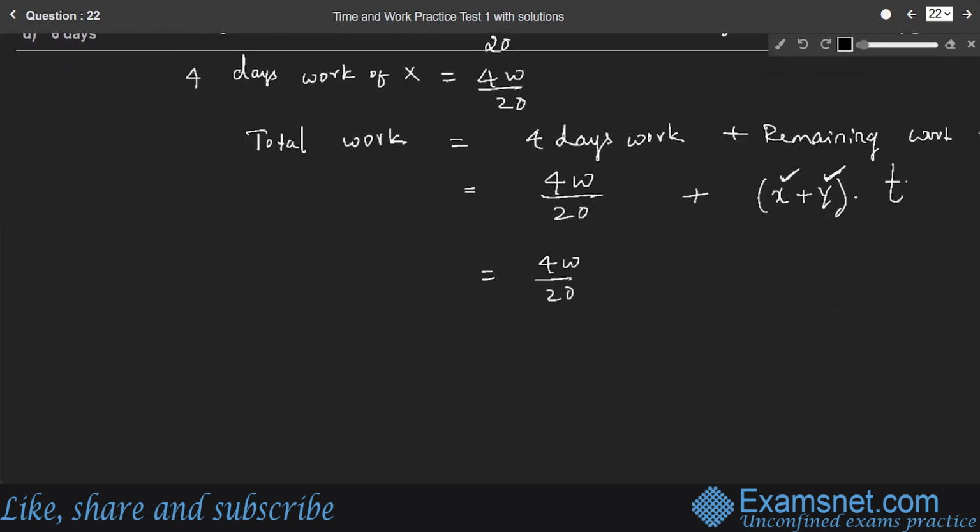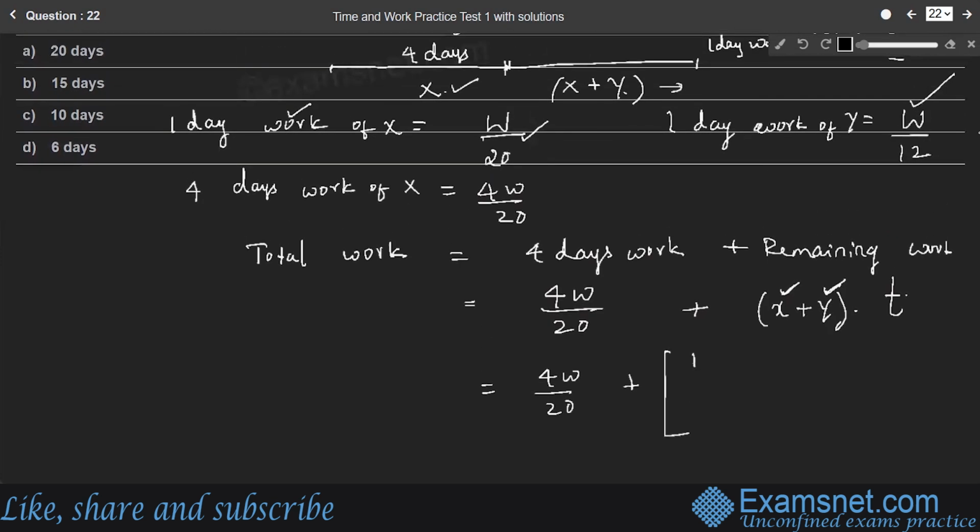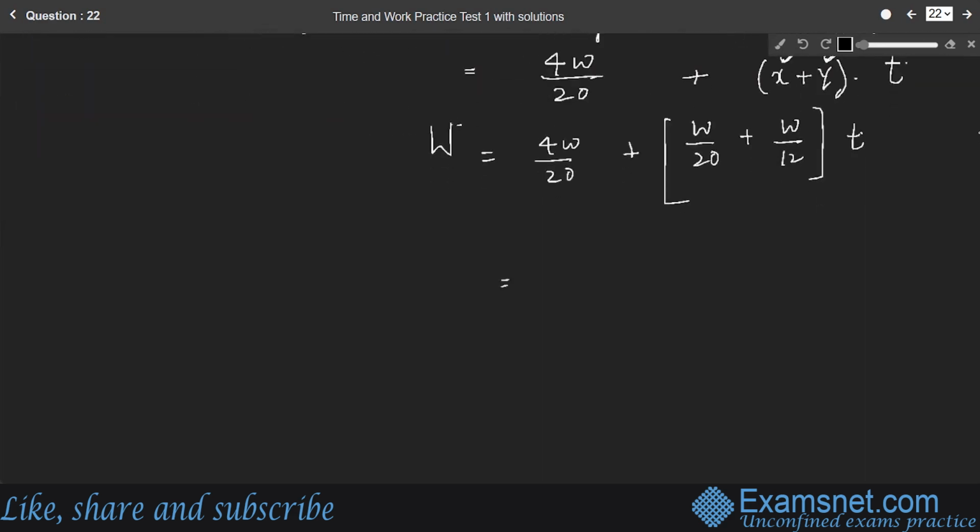4W by 20 plus one day work of X, which we just calculated as W by 20, plus that of Y, which is W by 12, into time taken by them gives the remaining work. Here the total work according to our assumption is W. Therefore, 4W by 20 is W by 5, plus inside the bracket we simplify: 20 into 3 and 20 into 5 is 60, hence 60 is the LCM.